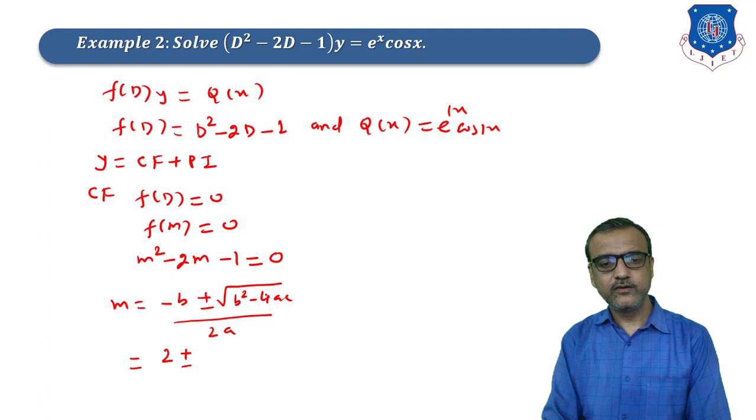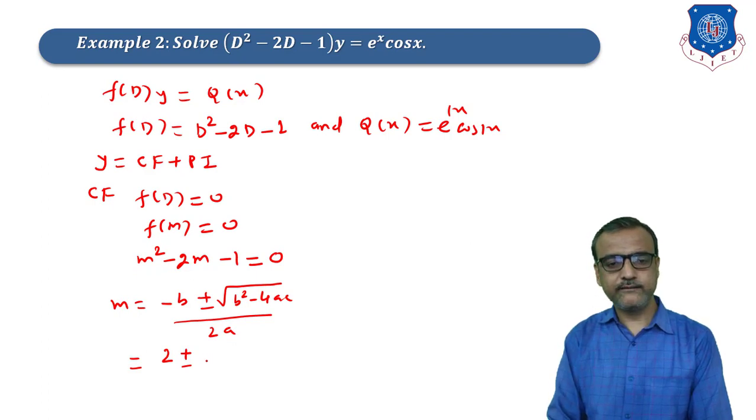So 4 into 1 into minus 1 is minus 4, and minus minus is plus, so we have plus 4, and 4 plus 4 is 8, so we have square root of 8 divided by 2a, where the value of a is 1.